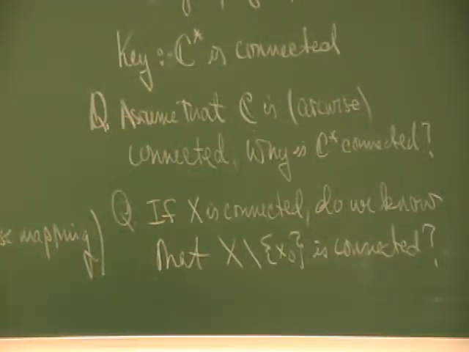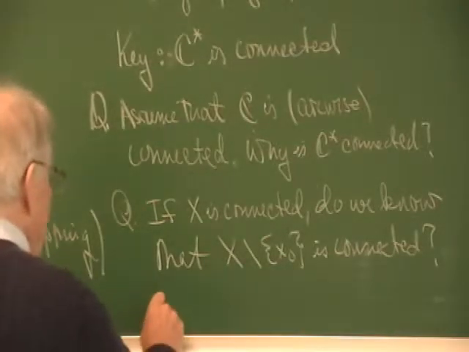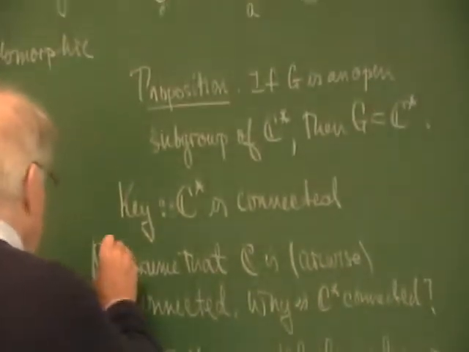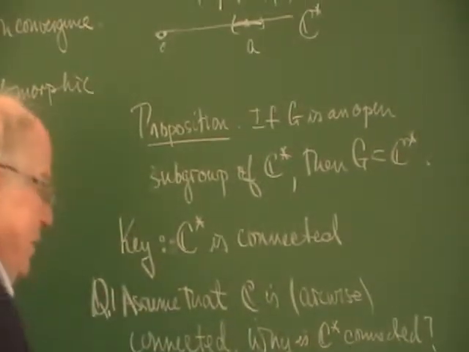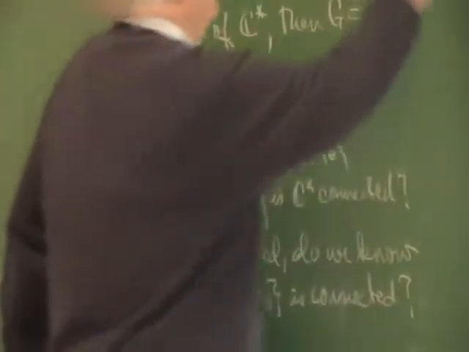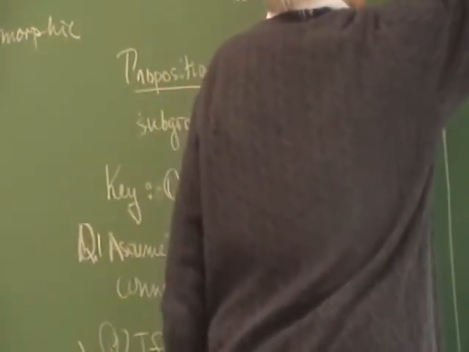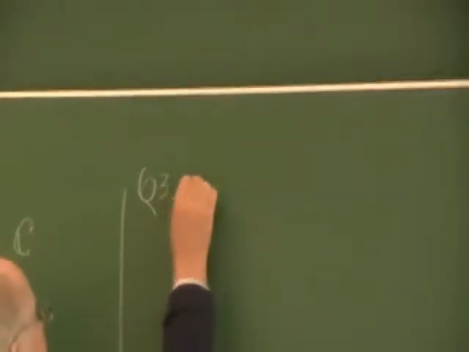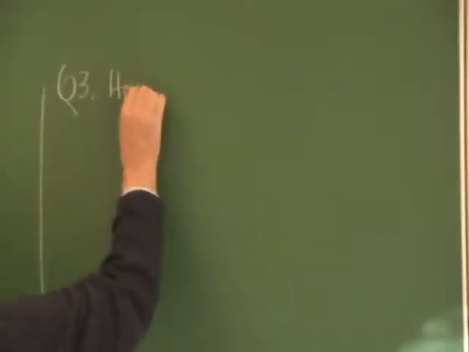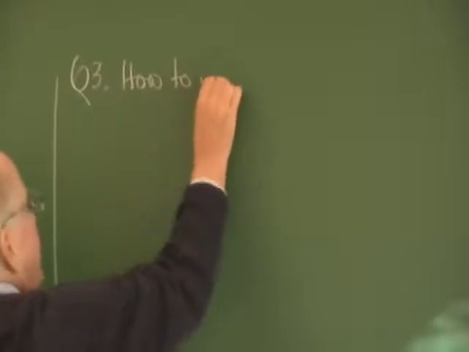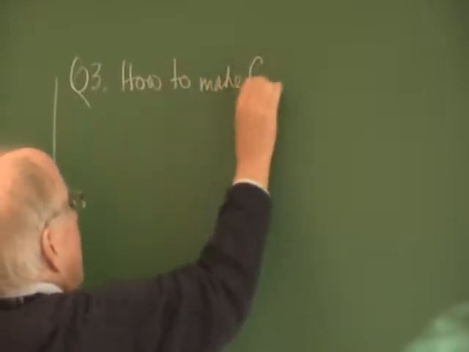Well, it maybe depends on what is X and what is the topology on X and so on. So I'll make this precise. Let's call this 1, let's call this 2. Question 3, how to make question 2 precise?